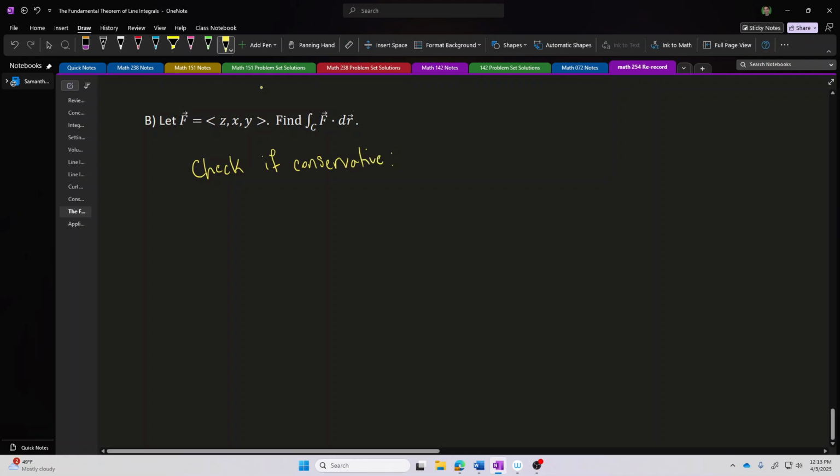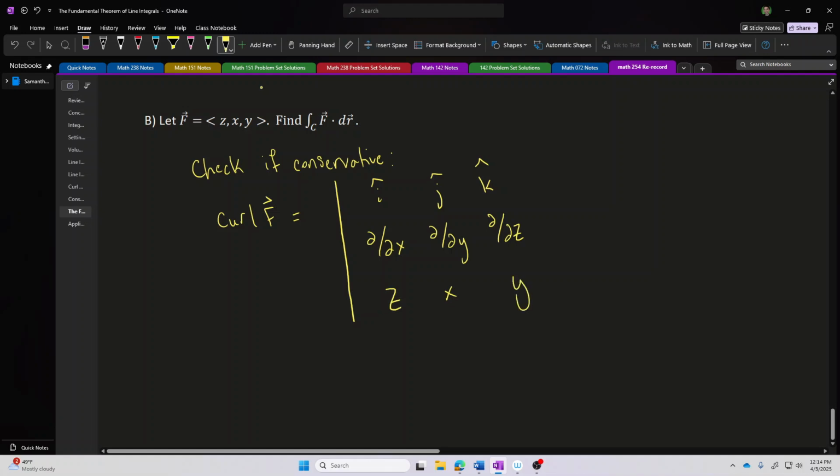So to that end, I'm going to go ahead and calculate the curl of the vector field. And since this is a three-dimensional field, I'll need to calculate the curl using this 3 by 3 matrix representing the cross product of the nabla vector and my vector field.